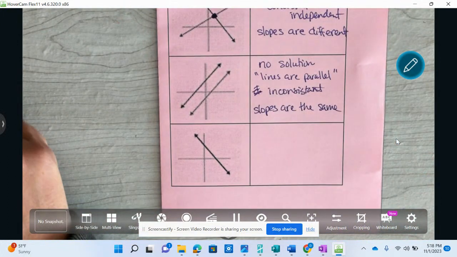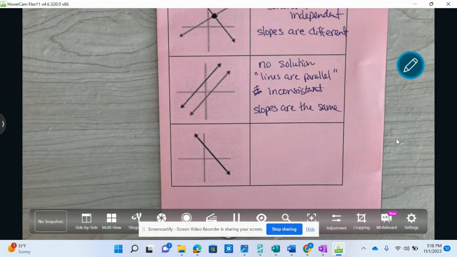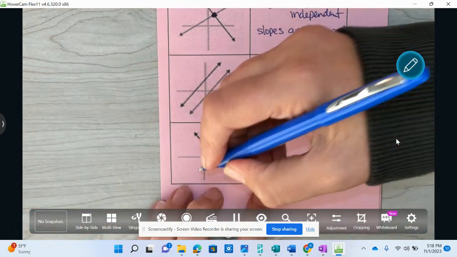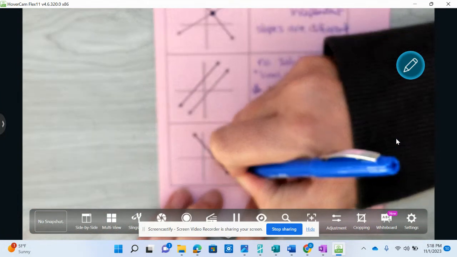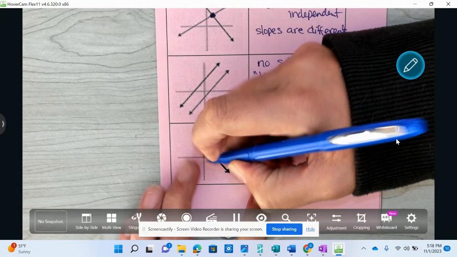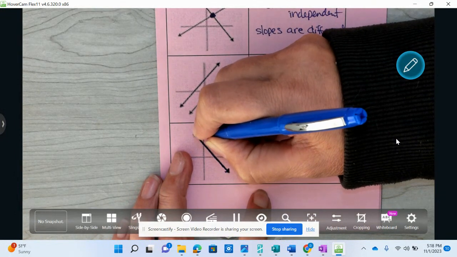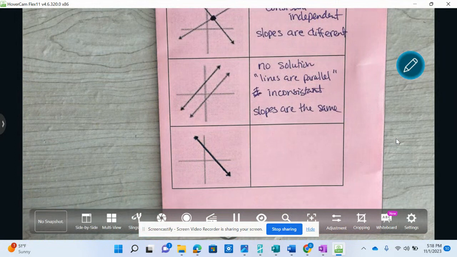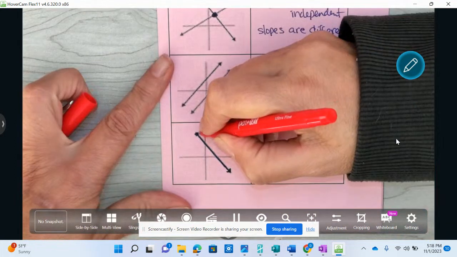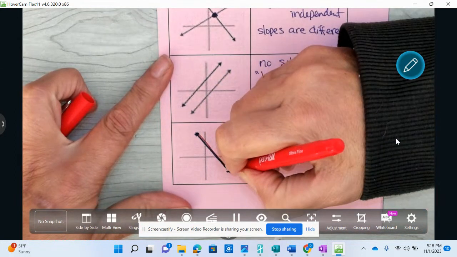And then our last one, I try to always use two different colors when I look at this last one because it can kind of be deceiving. But I have a line that I'm drawing in blue, and then I have one that I am drawing in red.